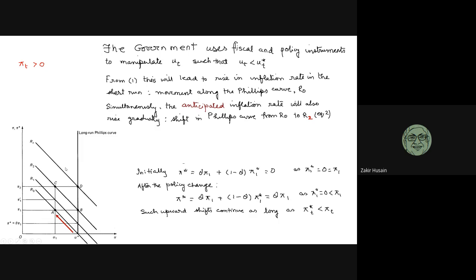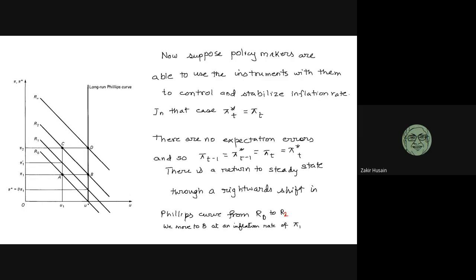What happens is, in the long run, I'm going to end up at a point B on R2. So I'm going to shift from A to B. Unemployment falls back to the natural rate and the economy regains long run equilibrium.